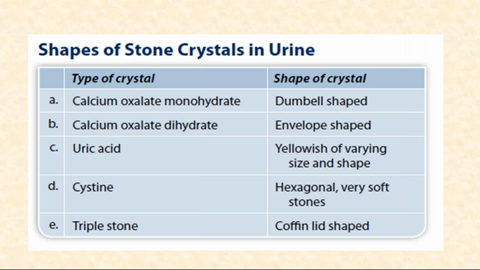Based on these shapes, you can easily diagnose a particular specific stone. Triple phosphate is coffin lid shaped, cysteine is hexagonal, dihydrate calcium oxalate is envelope shaped, and calcium oxalate monohydrate is dumbbell shaped.